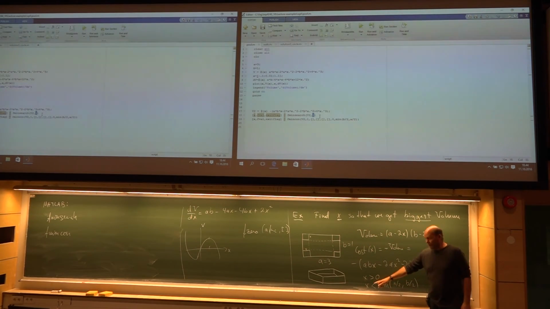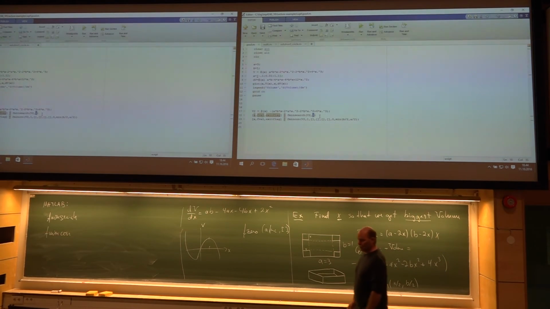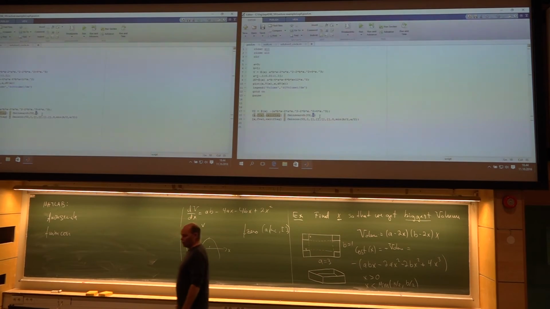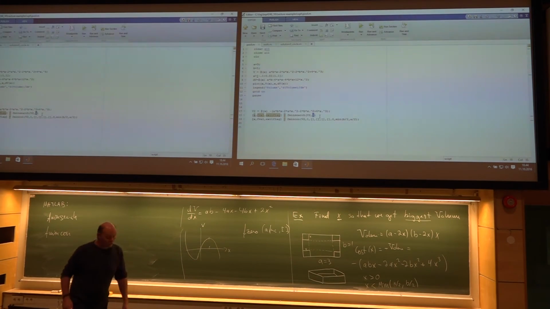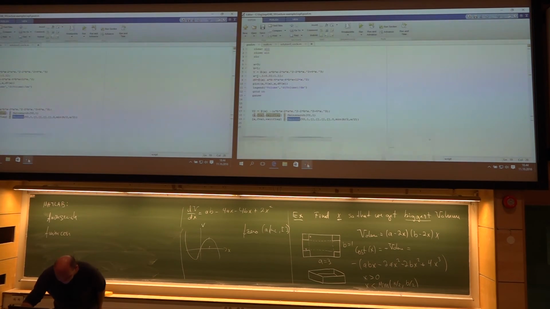So the maximum value it can have, well, that's 1/2 actually. So I am outside the range already with my initial guess. Of course that can happen if you have some complex equations, some complex constraints. But never mind, let's see if we can find it anyway. fminsearch. The other one, fmincon.